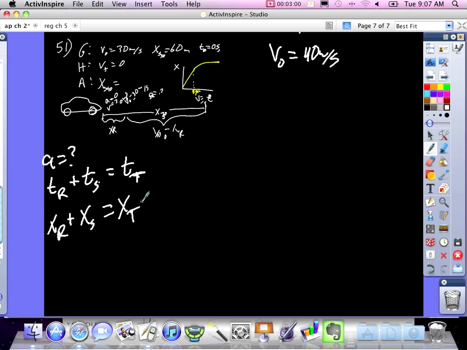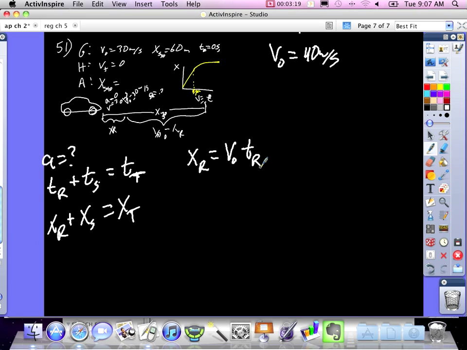Is there any other relationships that we can see from that? No? Okay. We know that XR is going to equal V0 times the time of human response.